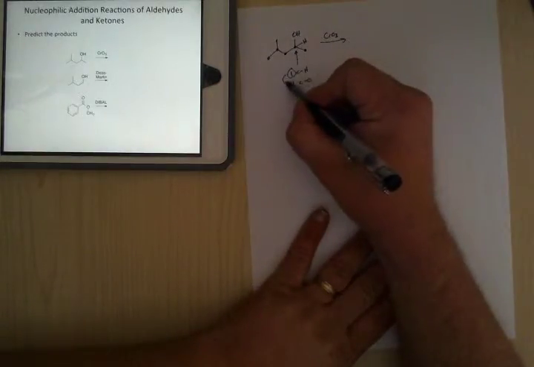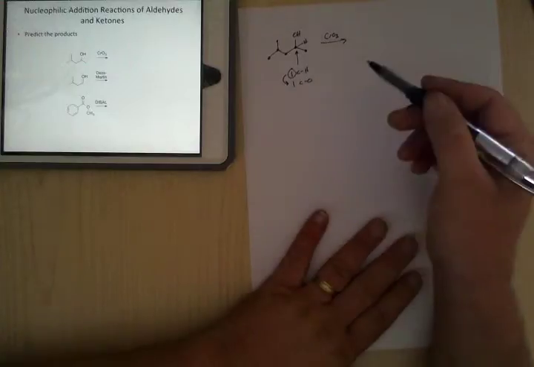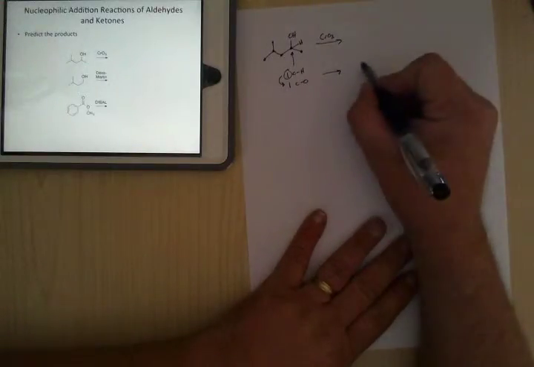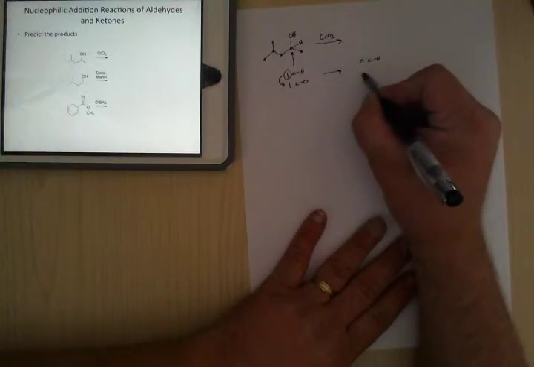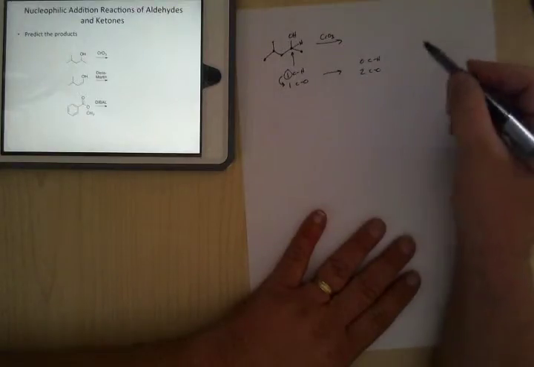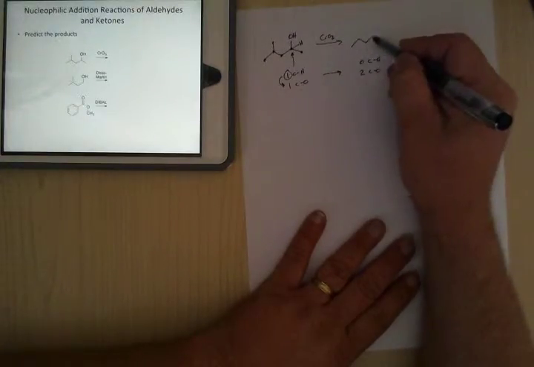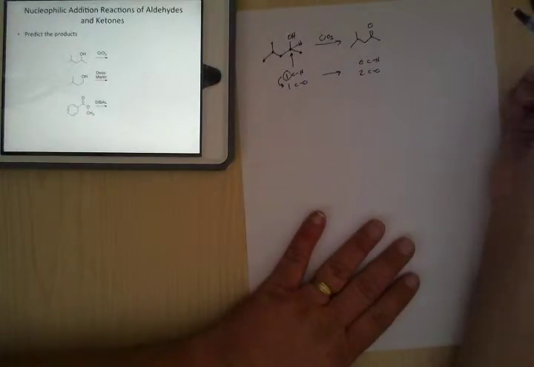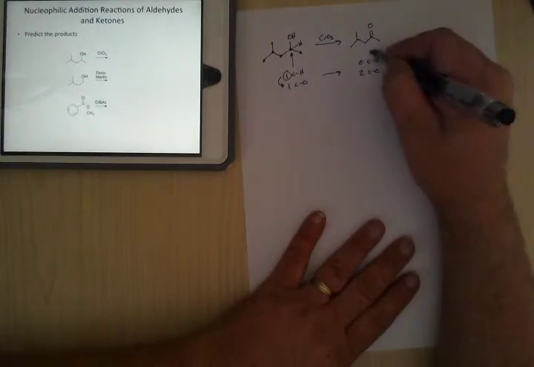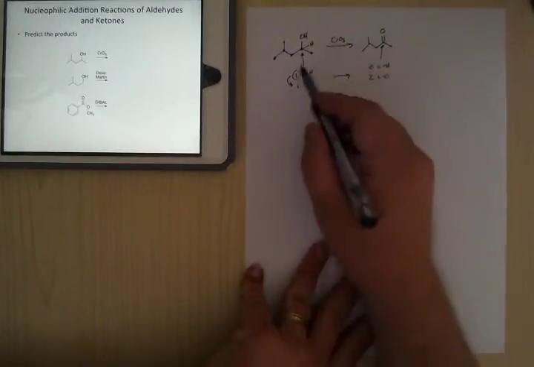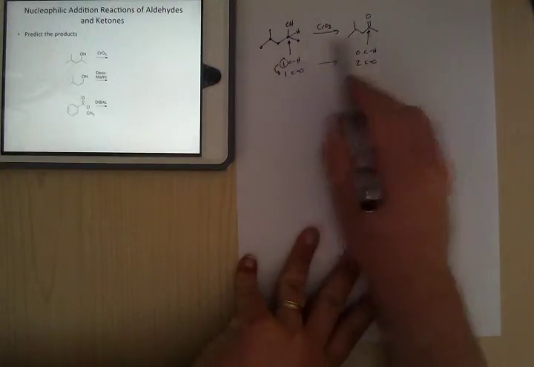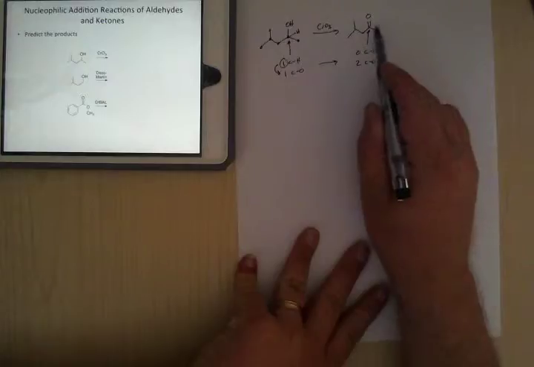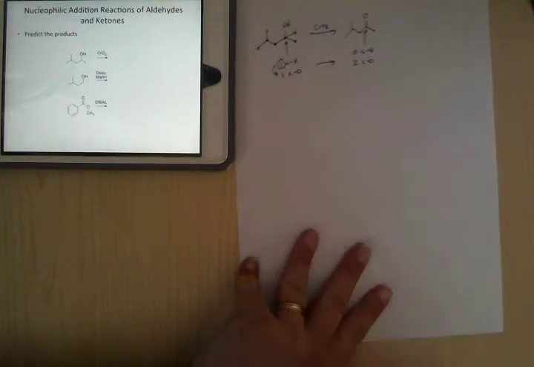Therefore we're going to convert these. Chromium trioxide converts them all. So our final product is going to have 0 carbon-hydrogens and 2 carbon-oxygens, so we can predict what it is. It's going to look like that. That's the corresponding oxygen or carbon here. That's not going to have any carbon-hydrogens, but 2 carbon-oxygens. Okay.